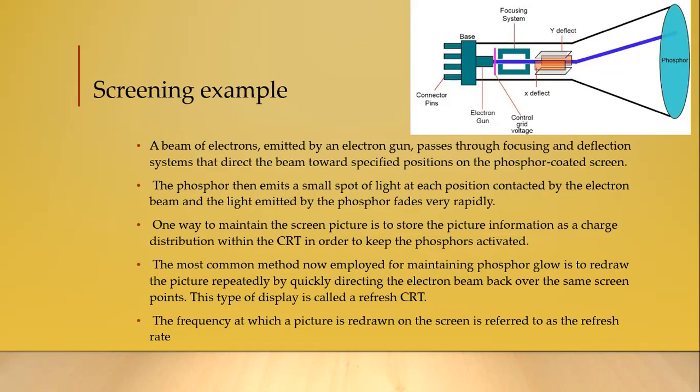One way of maintaining the screen picture is to store the picture information as a charge distribution within the CRT in order to keep the phosphor activated. The most common method now employed for maintaining the phosphor glow is to redraw the picture repeatedly by quickly directing the electron beam back over the same screen points. This type of display is called a refresh CRT, and the frequency at which the picture is redrawn on the screen is referred to as the refresh rate.